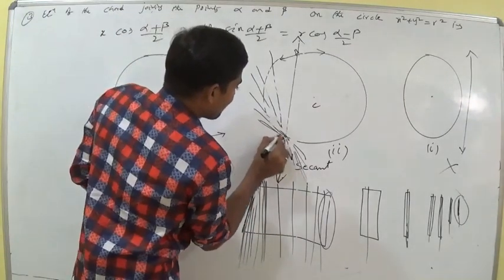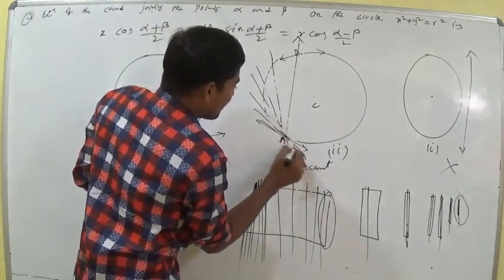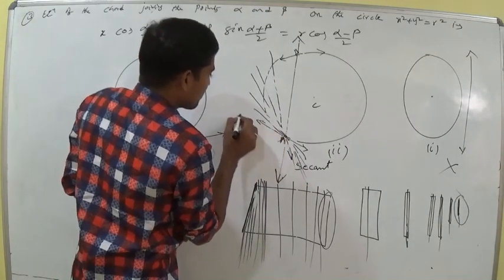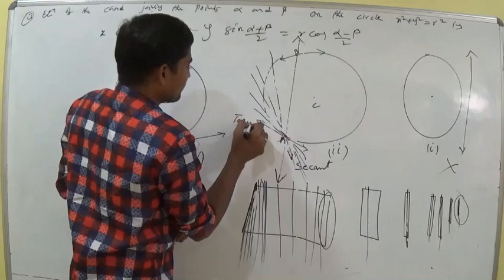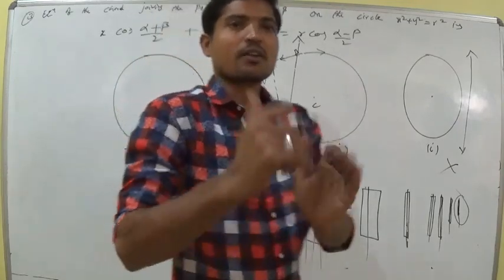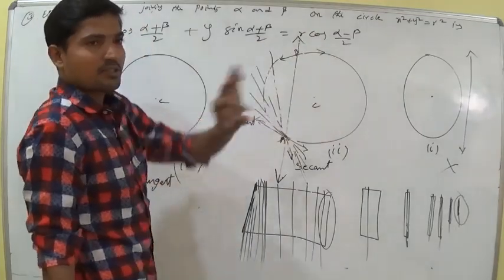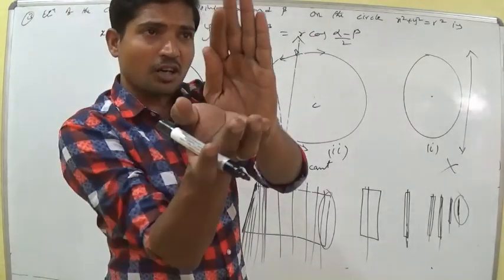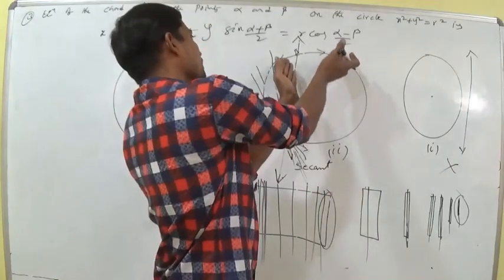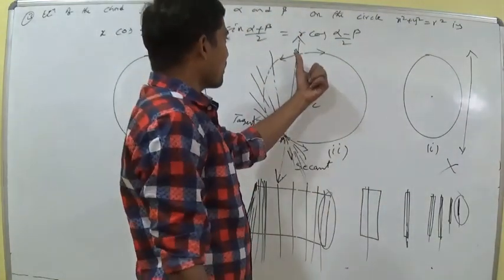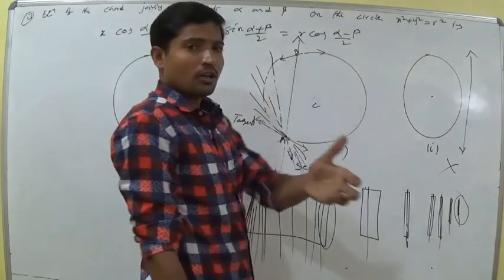Finally the secant becomes a tangent. This is tangent. Understand? Once again I am repeating. Actually AP is a tangent. Here the point can move along the circle, which is a curve. The circle is a locus.